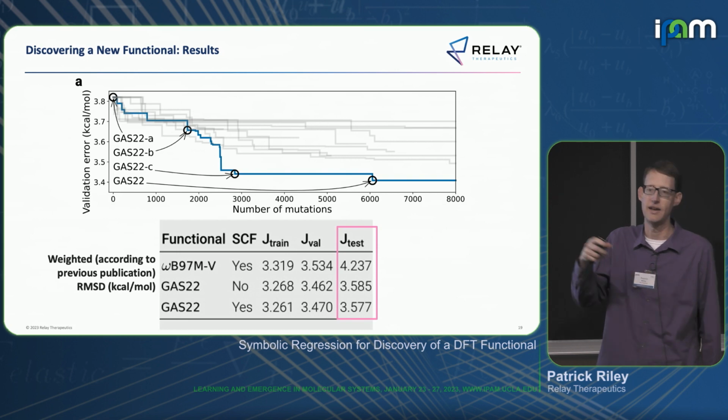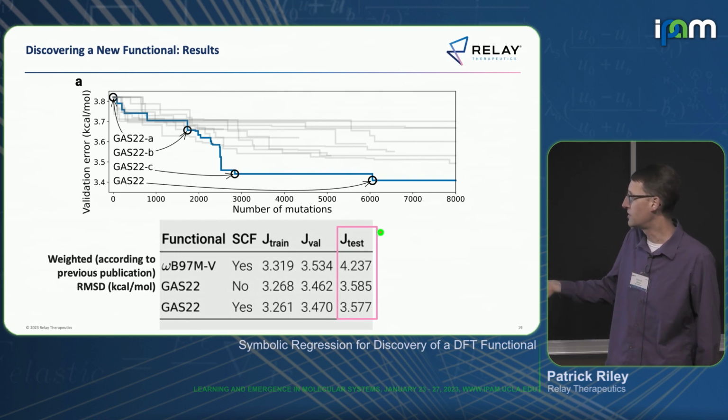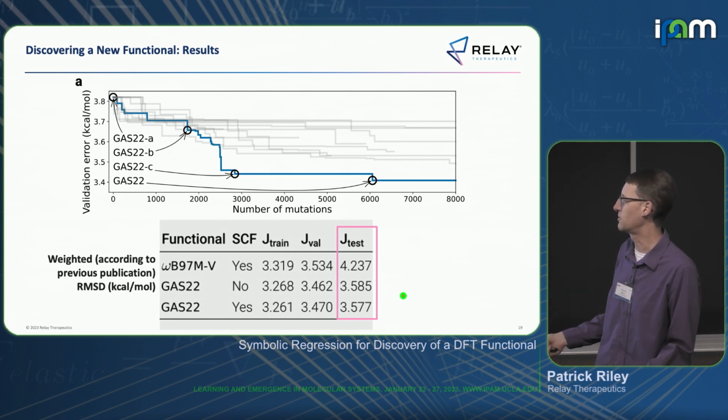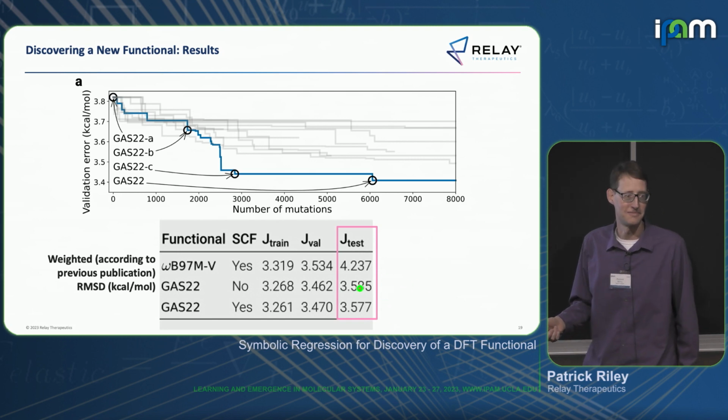We use the training set and the validation during the evolutionary process, and then we go through this test set that was defined in the earlier paper. You can see we get a significant improvement in this weighted RMSD, in kcal per mole units, on the test set in this GAS22 functional.